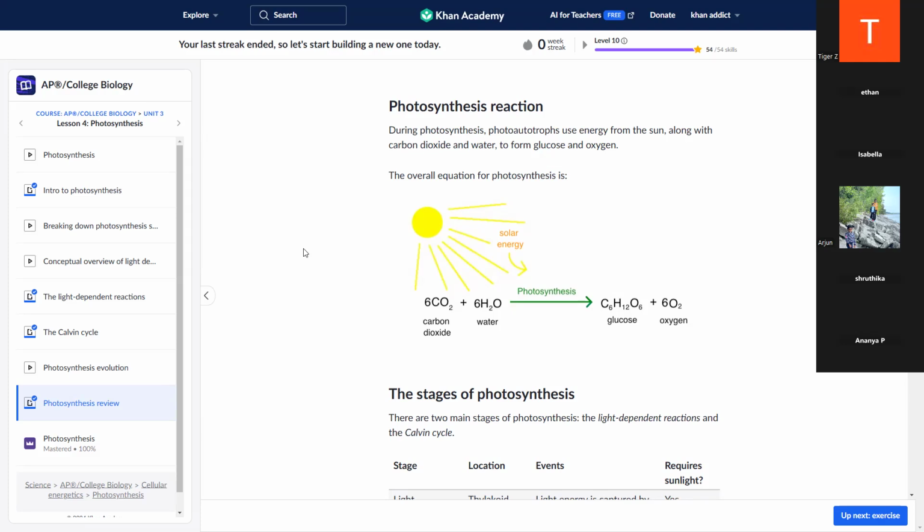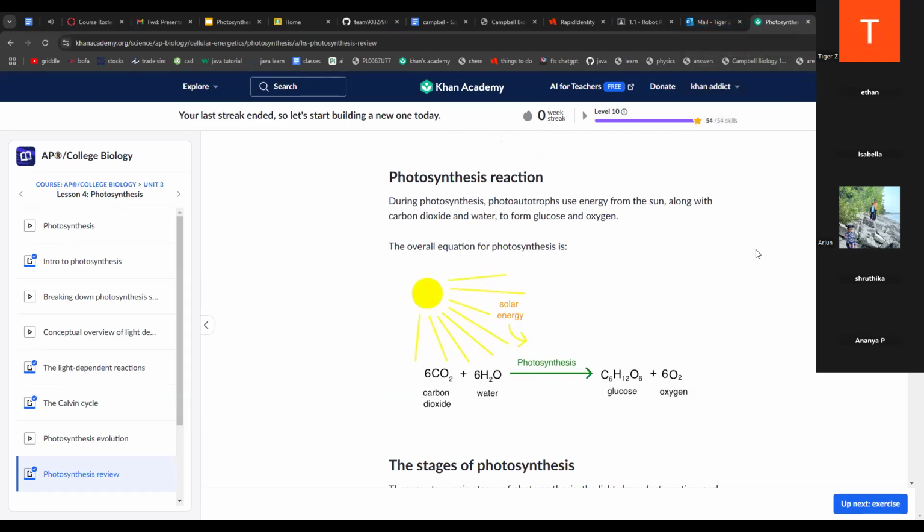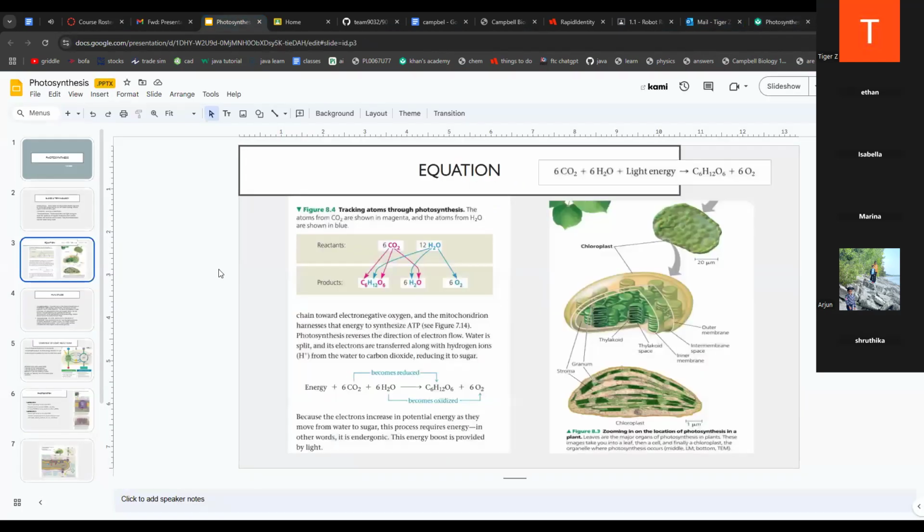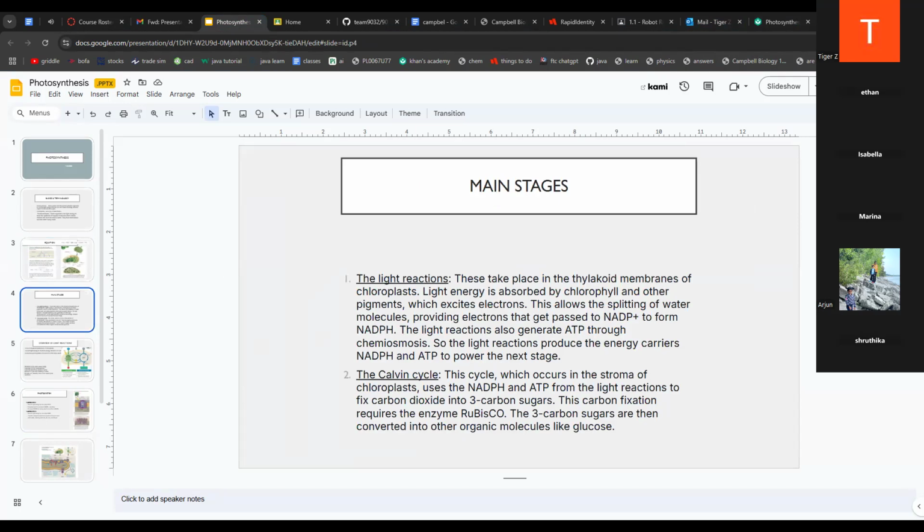Well, yeah, but how specifically? Isn't it in the thylakoid membranes? The thylakoids, yes. And then for the Calvin cycle, was it in the stroma? In the stroma, yeah. Nice.